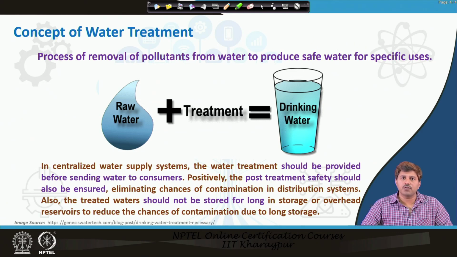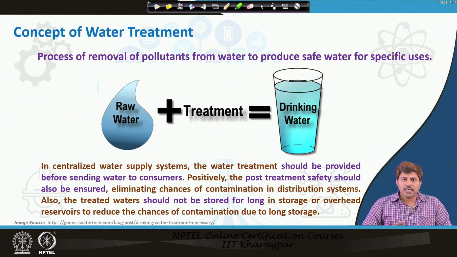Mostly drinking and cooking, nobody takes a bath from RO water, but many houses have RO or other kinds of filters installed in their homes, and they drink only the processed water coming through these units.